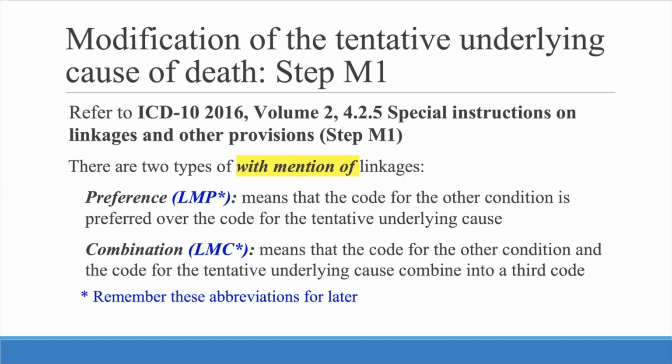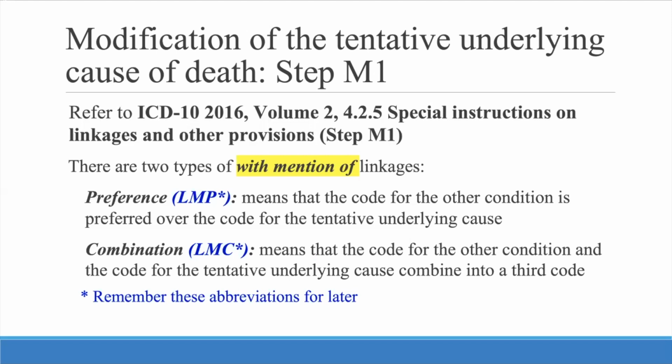Further to that, there are two types of "with mention of" linkages. There's the preference, meaning that the code for the other condition is preferred over the code for the tentative underlying cause. Or the combination, which means that the code for the other condition and the code for the tentative underlying cause combine into a third code.